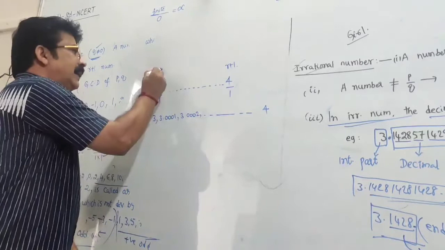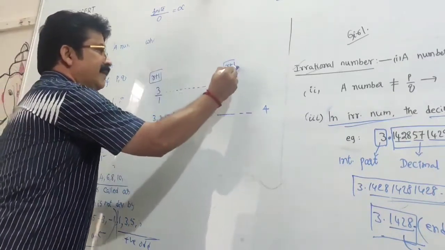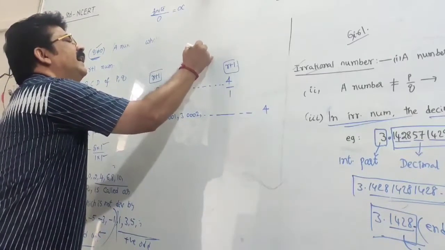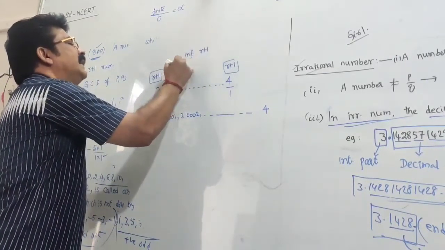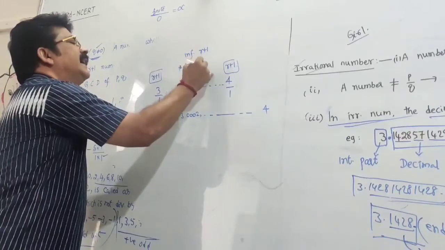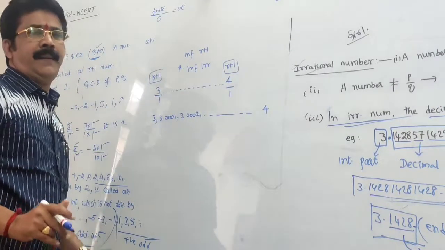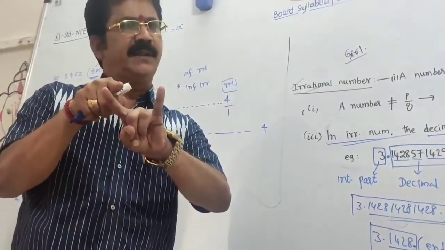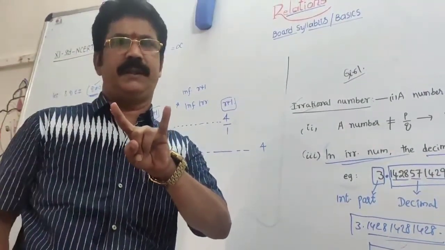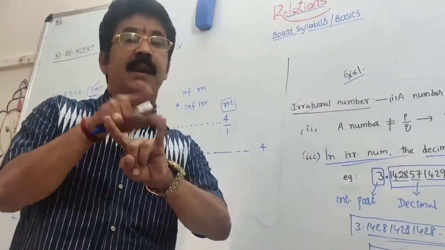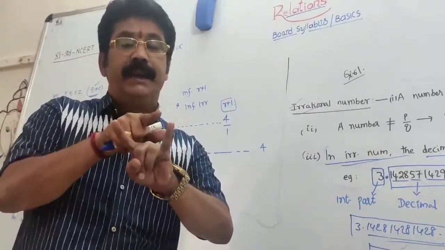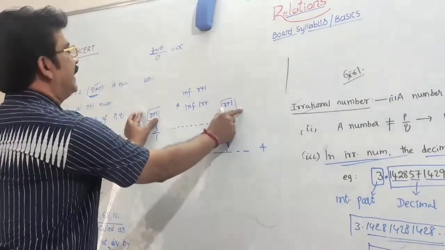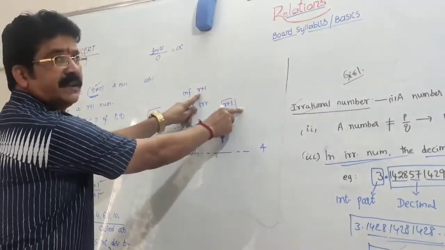What I am telling is that between two rational numbers there are infinitely many rational numbers and infinitely many irrational numbers. Between two rational numbers, how many rational numbers are there?